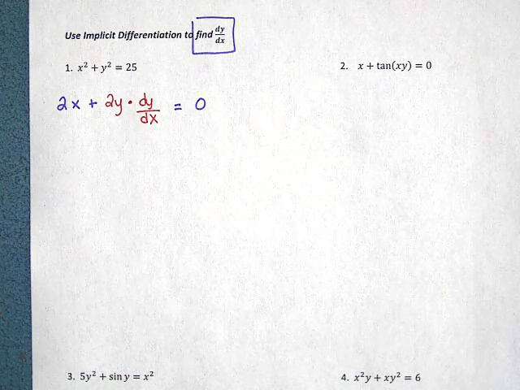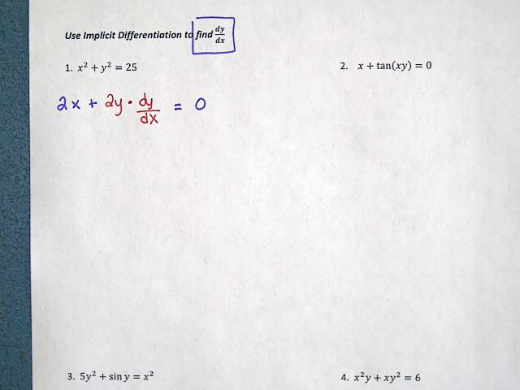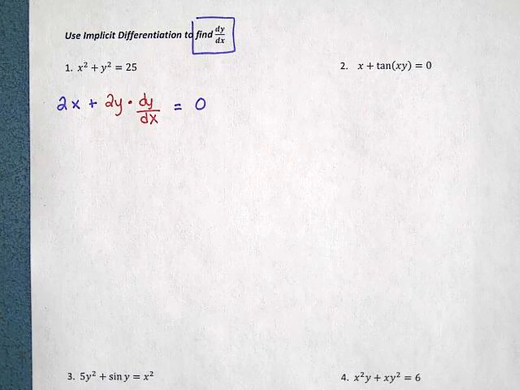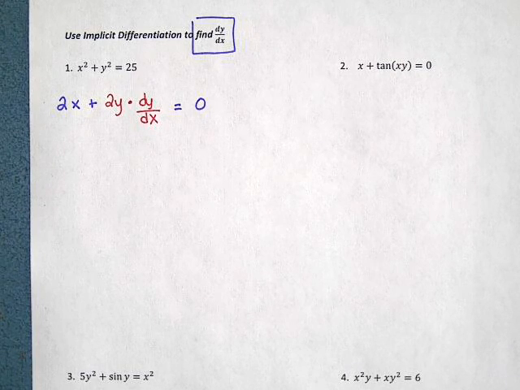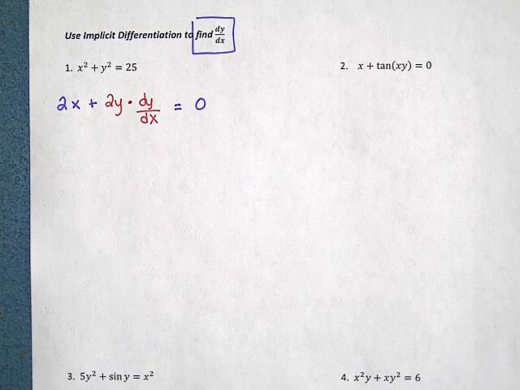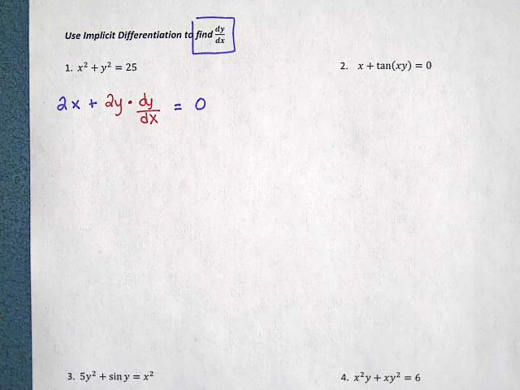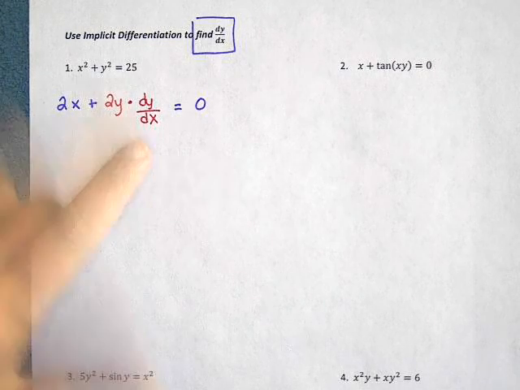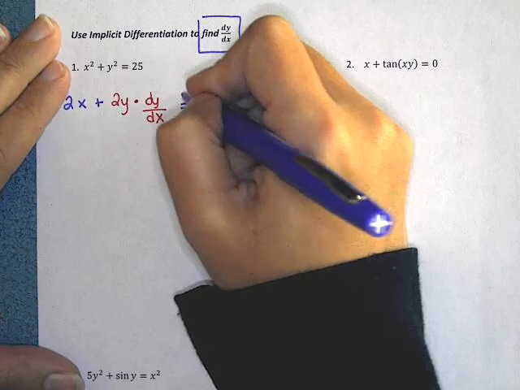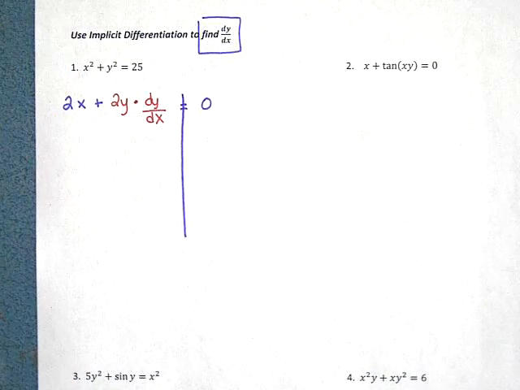This is one mistake I see a lot, is that students will still keep the 25 there. I like to joke that you get so excited about finding the derivative of the y that you forget to take the derivative of the number, but a derivative of a number is always just 0. Now our goal at the next part is to get the dy dx by itself. So think about this as just solving an equation.